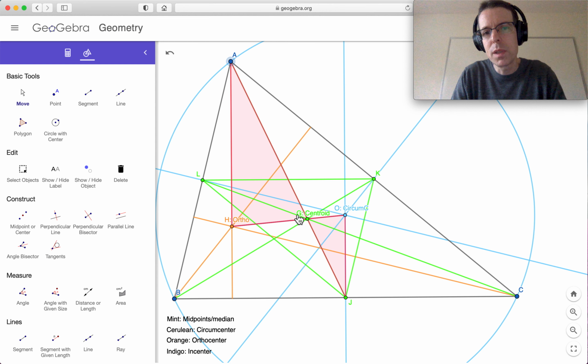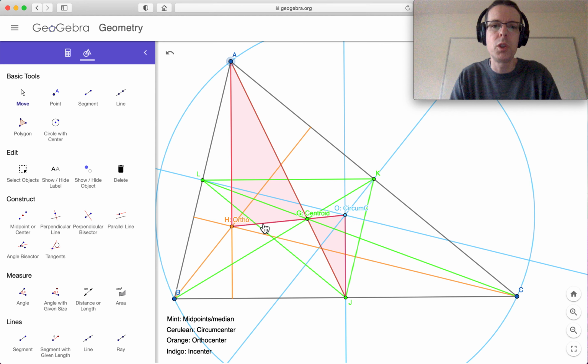Well, who cares they're similar? The secret here is, now that we know they're similar, then this angle formed at G must equal this angle formed at G, which the only way that can possibly happen, given that AJ is a straight line, the only way that this line segment here, OG, can form the same angle with that straight line as this line segment here, GH, can form on this side, is if OGH is a straight line after all.